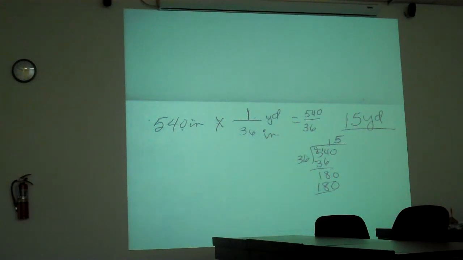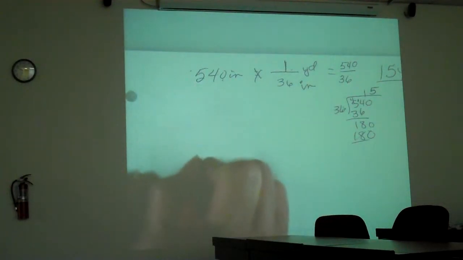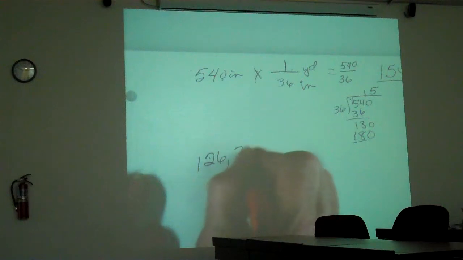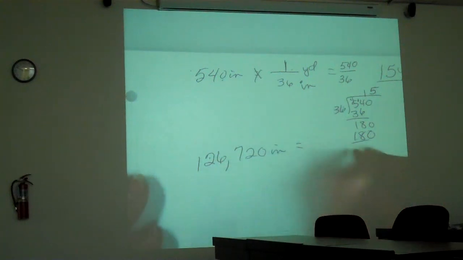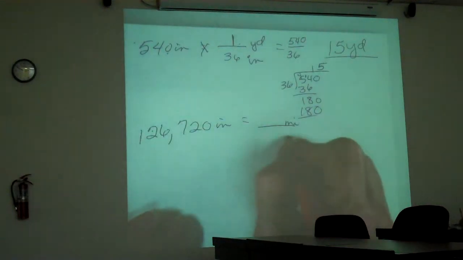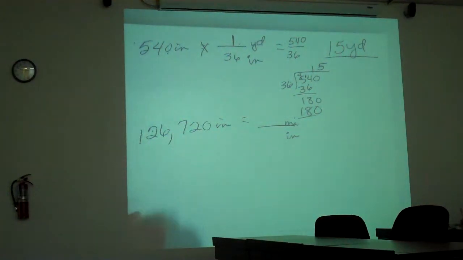Let's do a mile one. How about, let's do 126,720 inches is what part of a mile? Or how many miles? Okay, let's put inches down here. Did they have inches in a mile? They only had feet in a mile, didn't they?